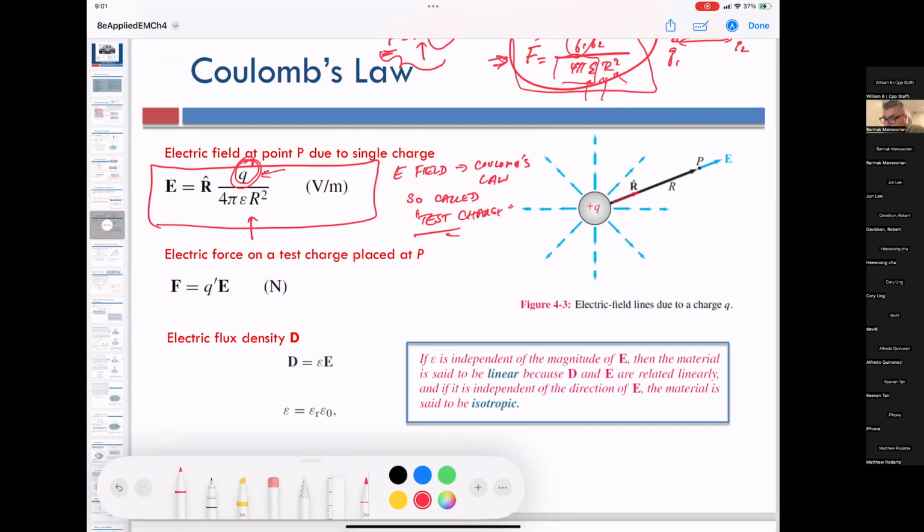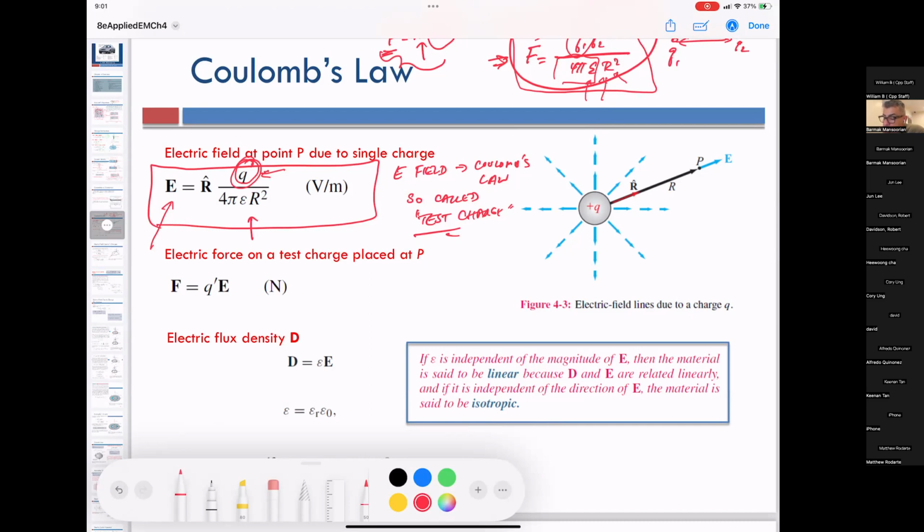That gives you an electric field that is a vector field, defined in the entire space. It's a function of the charge generating that electric field and the distance away from that charge.